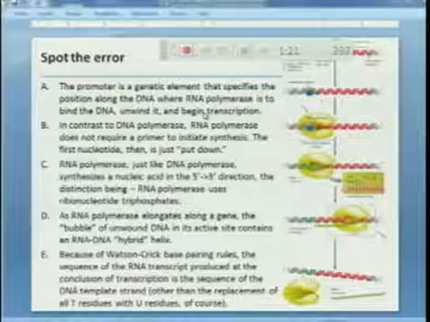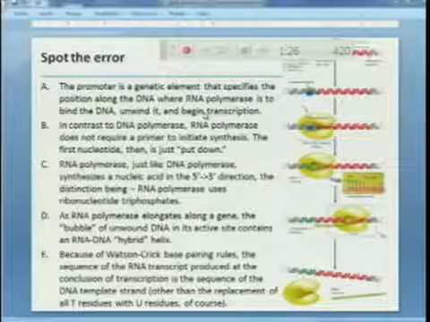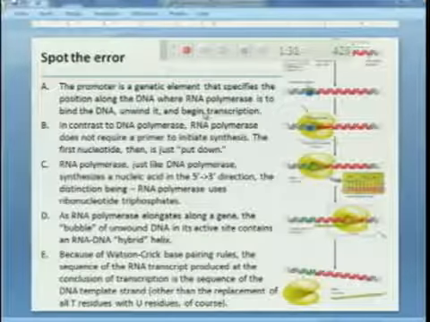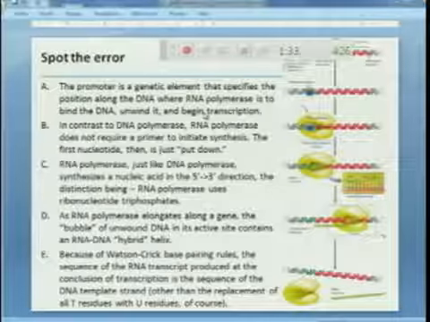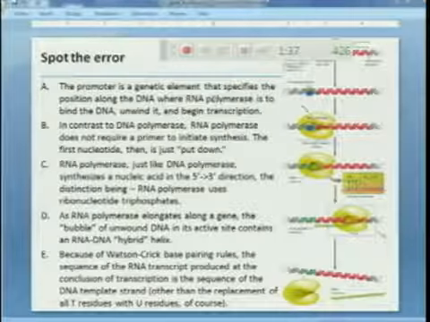All right. 5, 4, 3, 2, 1.5, 1, 0.5, 0.4, 0.3, okay, 0.